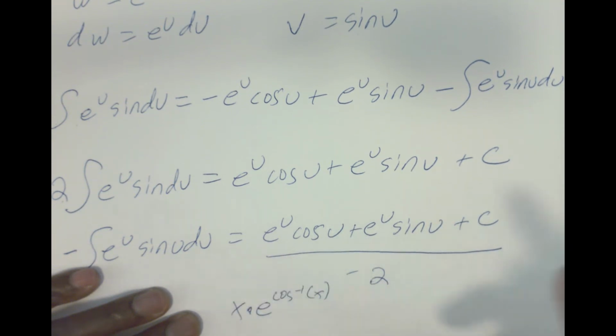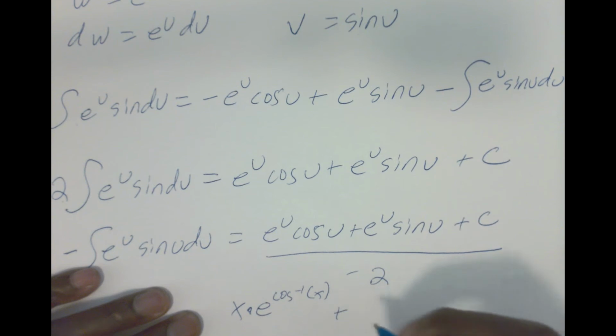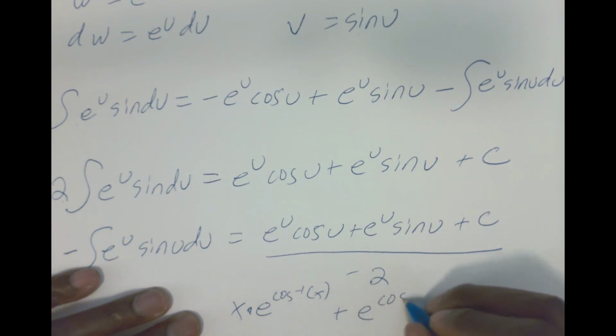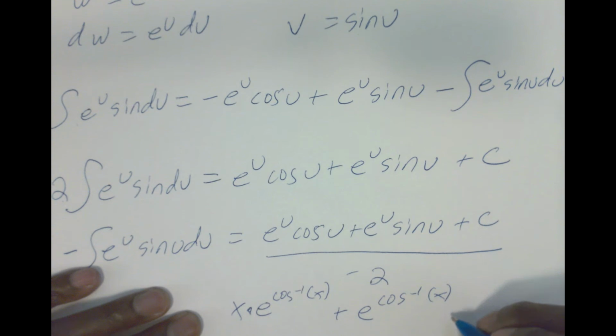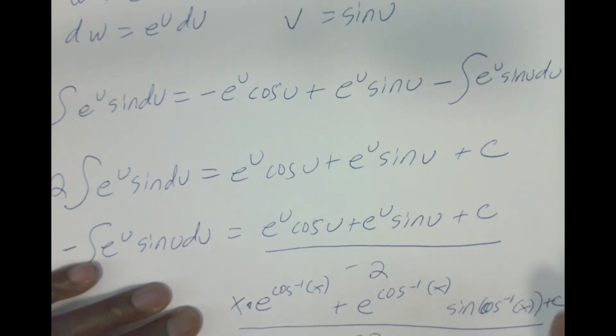I'm plugging in arc cosine x for u, and the cosine of arc cosine of x is x. Okay, plus e to the power of arc cosine x times the sine of arc cosine x, plus some constant, divided by -2.